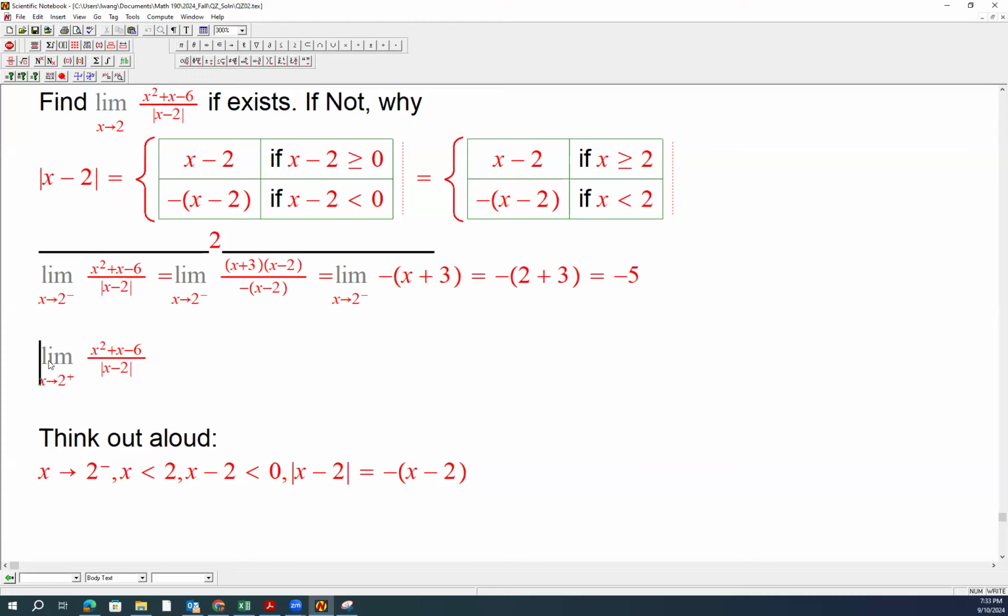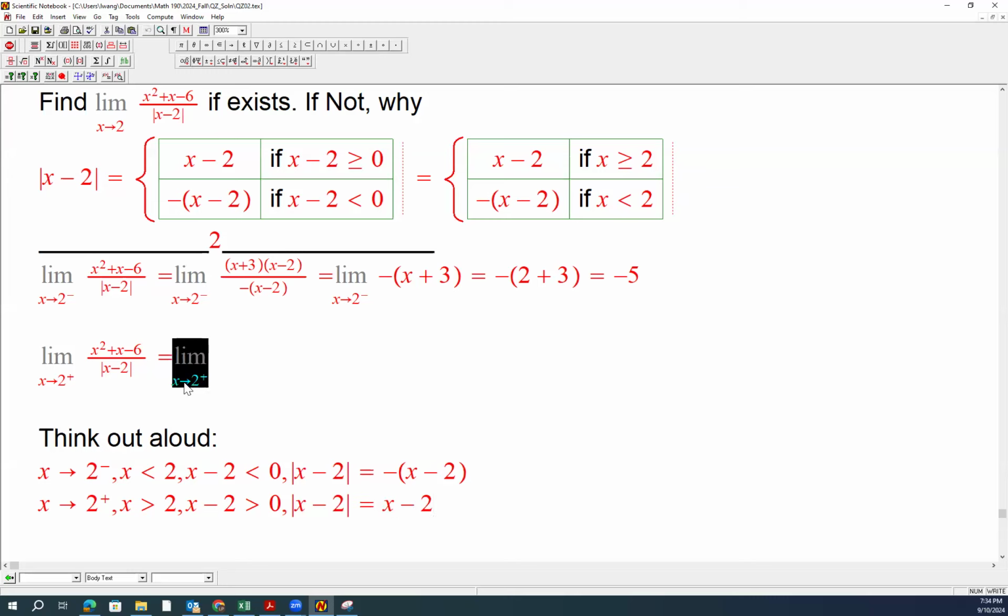How about the limit from right of 2? For the limit from the right of 2, once again, you can jot it down on your scratch paper. x approaching 2 from larger than 2. Okay, that means x is larger than 2. x larger than 2 means x minus 2 is larger than 0. Then the absolute value of x minus 2 is going to be the same as x minus 2, right?